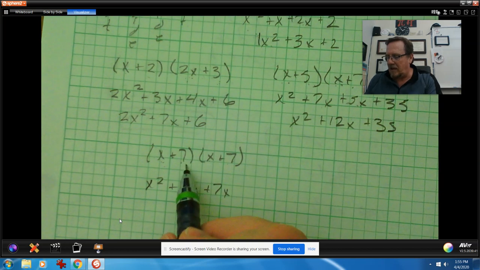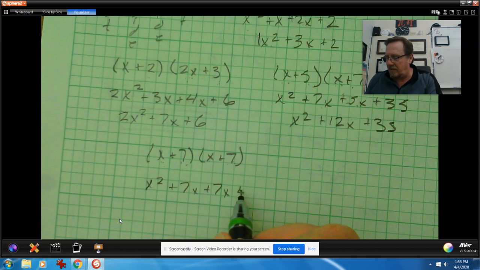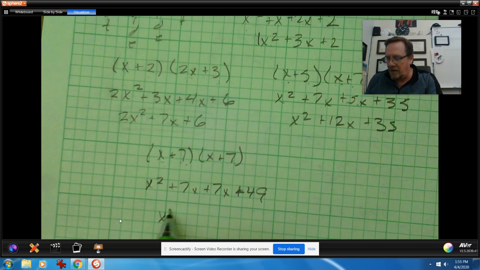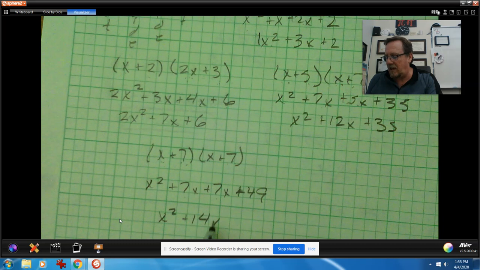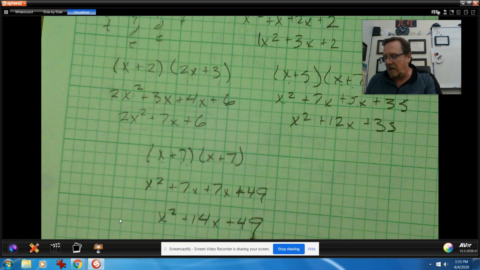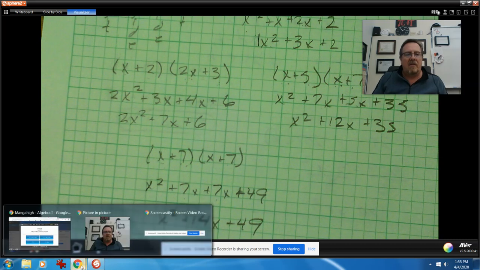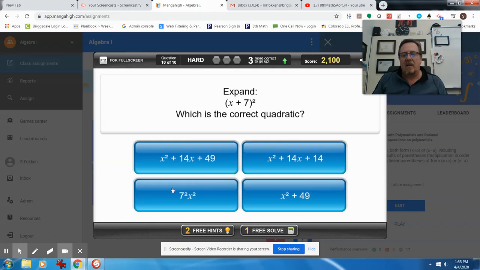And 7 times 7 is 49. Combine our like terms. So we get x squared, 7x plus 7x is 14x, plus 49. So we should get x squared plus 14x plus 49. Go back to our problem. X squared plus 14x plus 49.